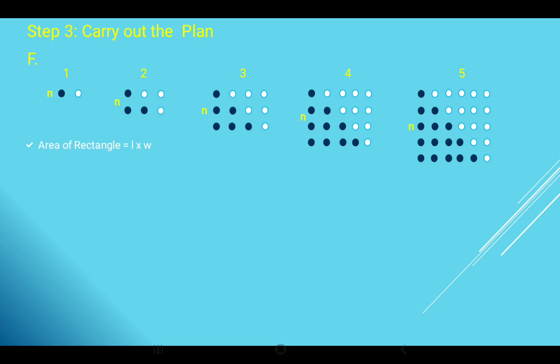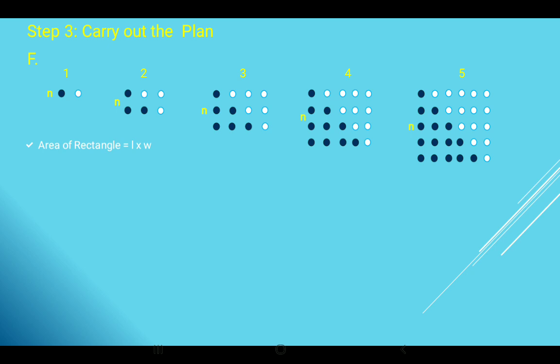So, gagamit po tayo ng variable na letter n. Next, hahanapin naman po natin yung length.